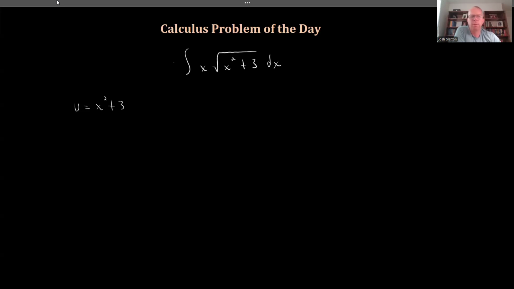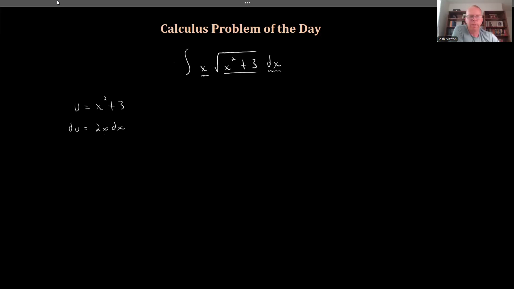So first step is to identify the U. Second step is to take the derivative of U. So the derivative of X squared plus 3 is just 2X, and then we got a dx. And so now let's see what we got. We have that taken care of. And then what else do we have left? We have this X and we have a dx.